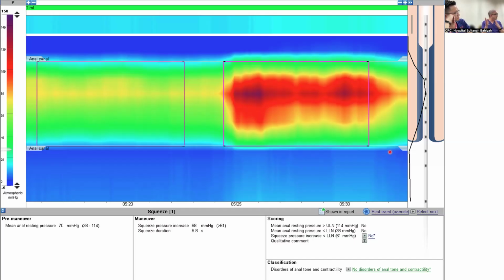So dyssynergia is actually the wrong way. They really learn it wrong, and they bring it to adulthood, and they only detect it when we do an anorectal manometry, for example. And biofeedback is a therapy to correct that abnormal behavior.